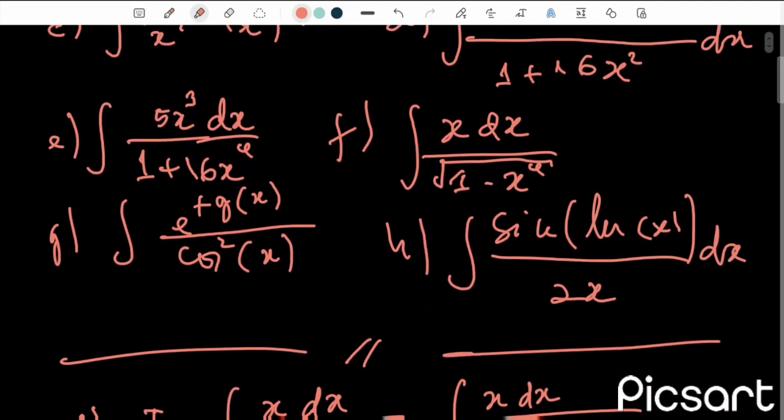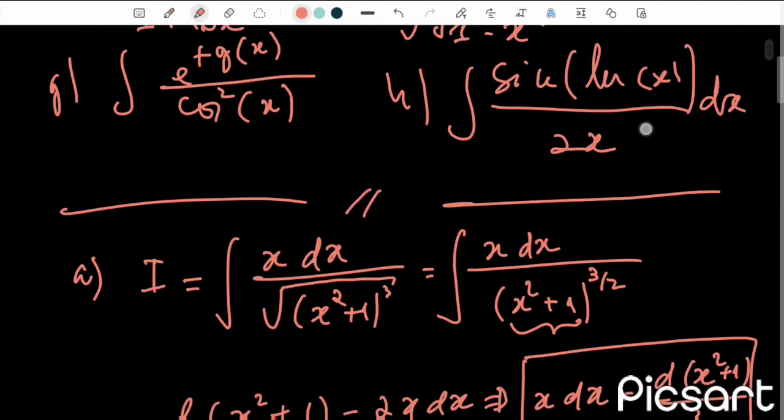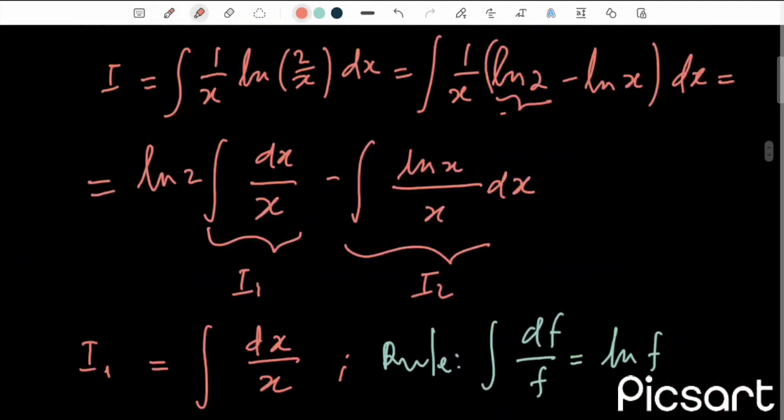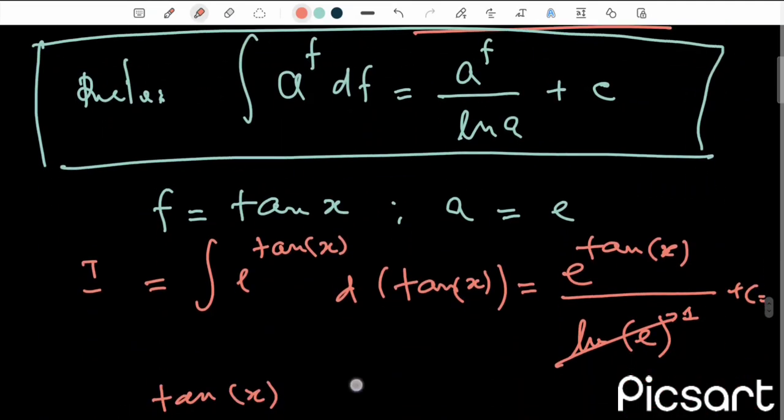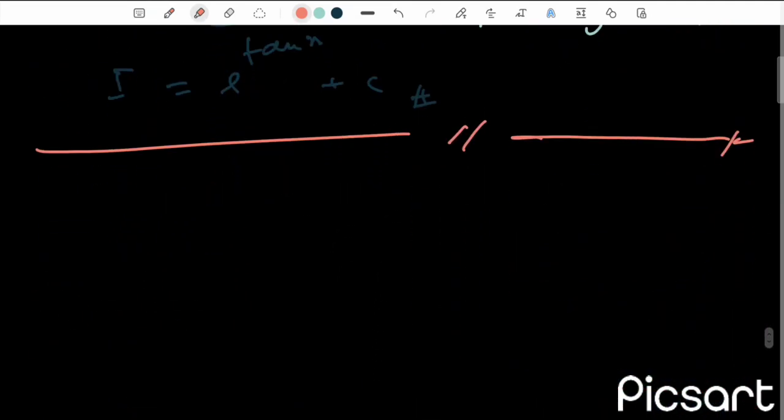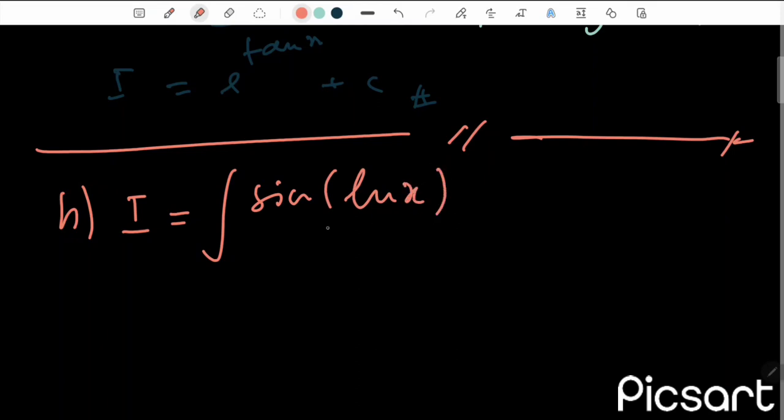Okay, sine of log of x. Okay, h is I equal to the integral of sine of ln of x over 2x dx.